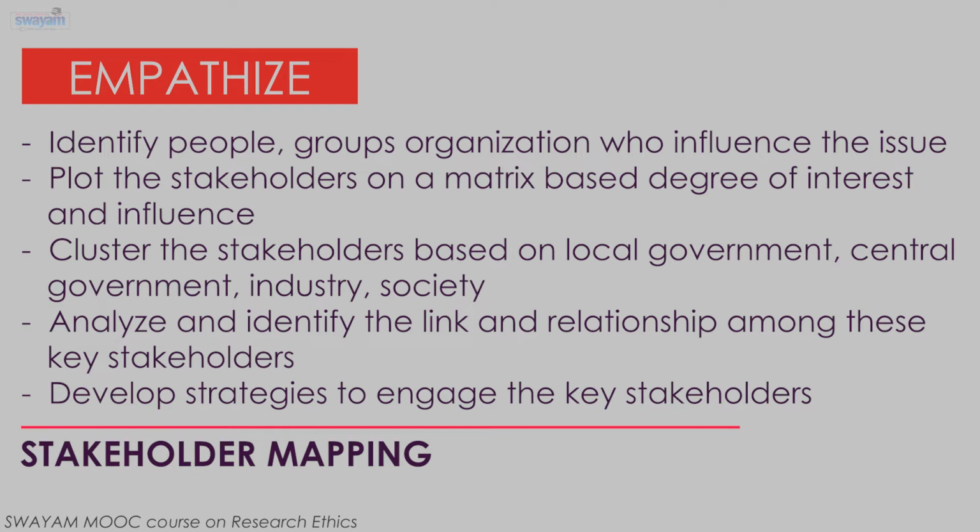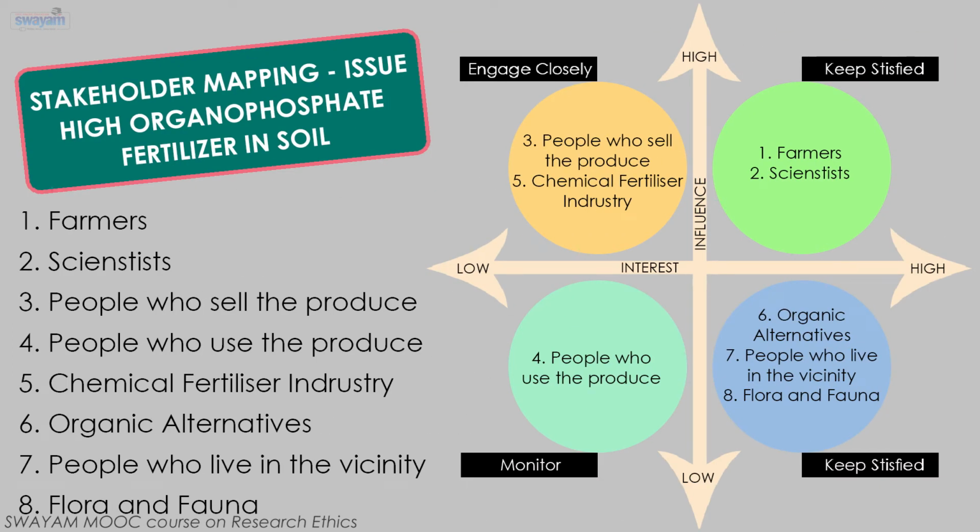In this example on organophosphates, the stakeholders that we listed are farmers, agricultural scientists, chemical insecticide industry, people who sell the produce, people who eat the produce or use it, people who live in the vicinity, people who make the organic alternatives, the flora and fauna in this region.